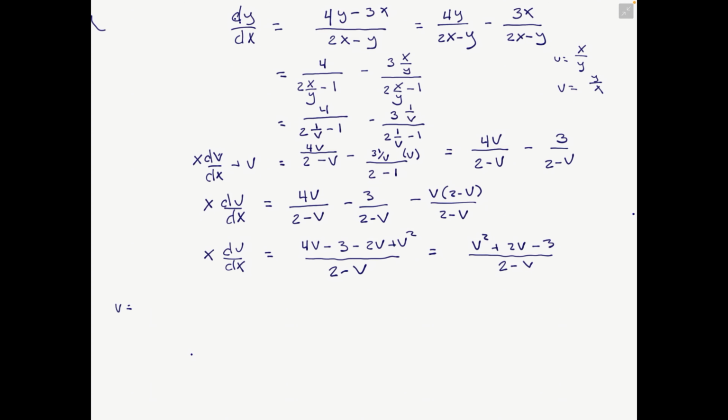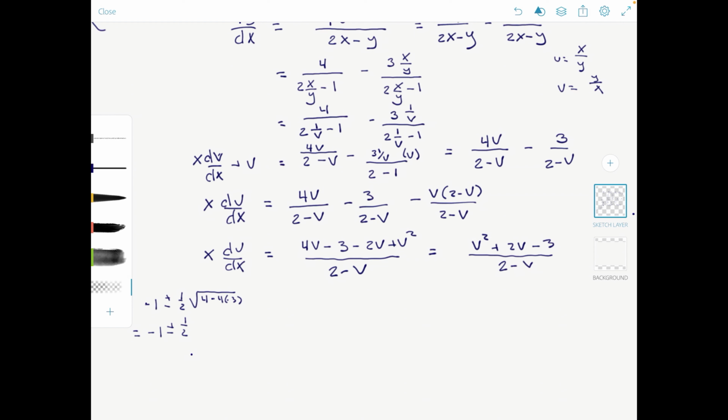I'm going to use the quadratic formula to find the factors for the numerator. So v equals minus 1 plus or minus one half times the square root of 4 minus 4 times minus 3, which equals minus 1 plus or minus one half of the square root of 16, and the square root of 16 is 4, so that's going to be plus or minus 2.